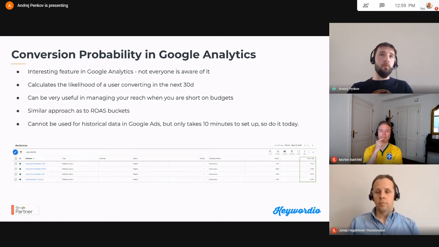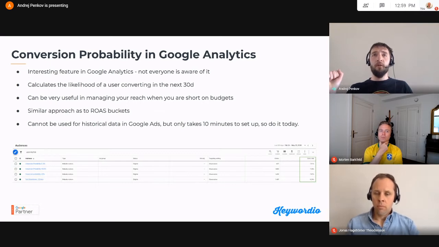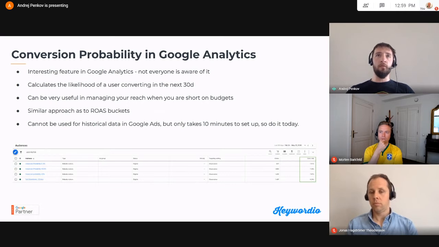And what you can do with this is build segments in Analytics and then feed them into your Google Ads account and see if there's any percent of your audience that you really can't afford these days. If somebody has a conversion probability of less than 5%, maybe you shouldn't be showing your ads to them at all, because they will just end up too expensive.